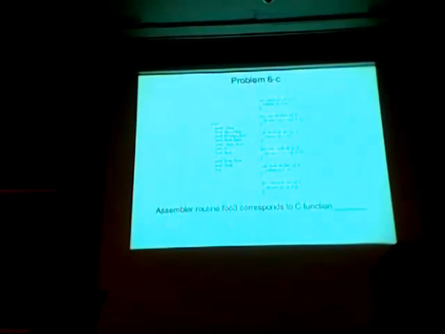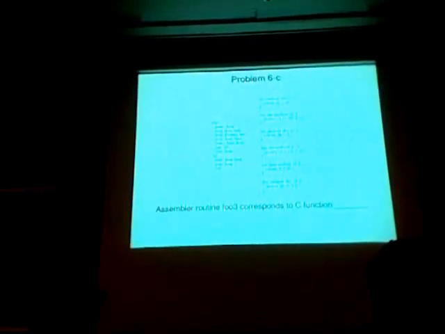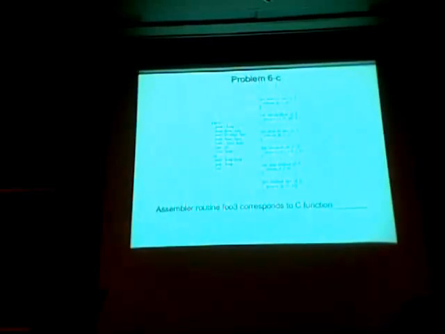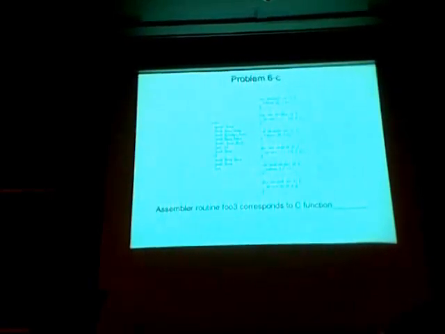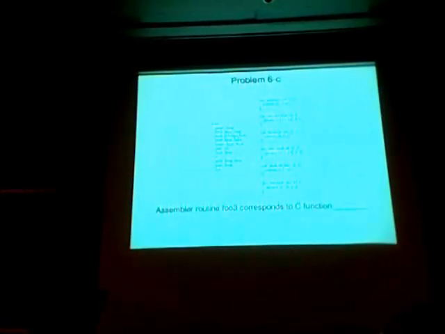Okay, so EAX is 0, and we're testing to see if the argument is 0 or greater. If it is, we jump over. If it's not, EAX goes from 0 to 1. So if it's negative, EAX goes to 1. And then we just return 0 or 1: 1 if it's negative, 0 otherwise.